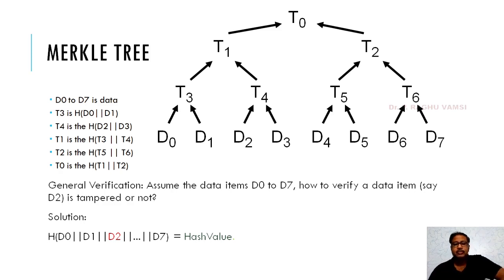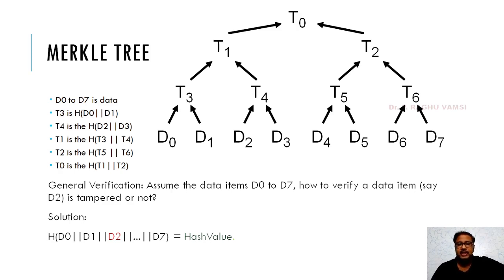Then only he can perform the hash on all these data items and verify whether any data item is tampered or not. So this is the general way of verification, but the Merkle tree will reduce the effort of supplying all the data items for verifying whether a single data item is tampered or not. That is the advantage of the Merkle tree.